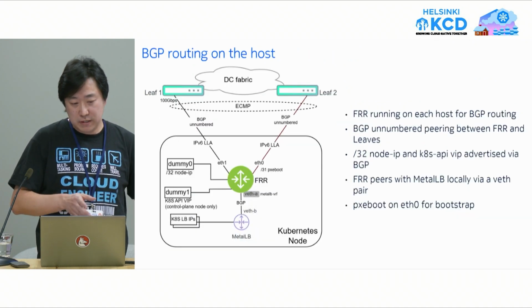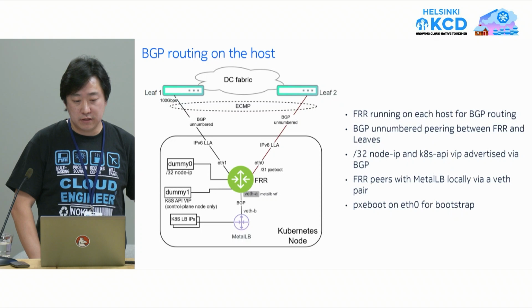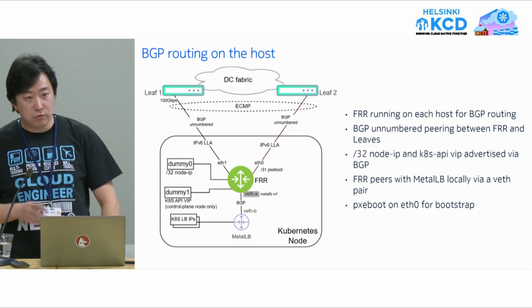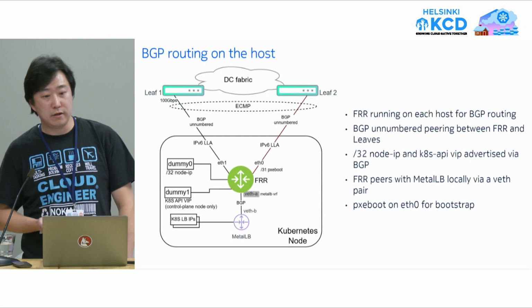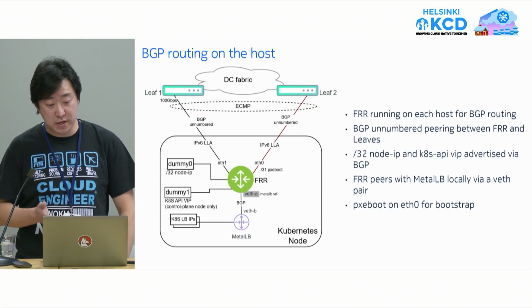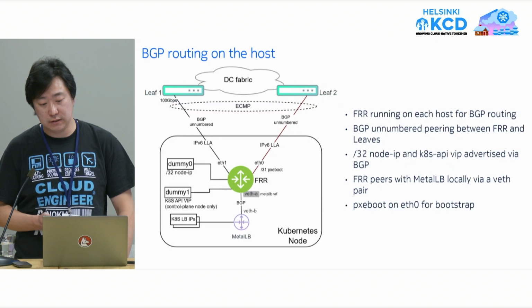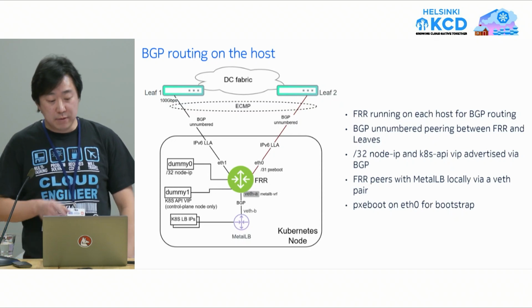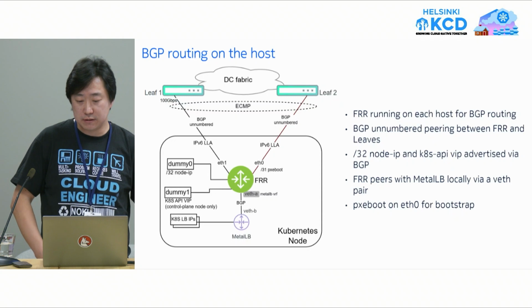To achieve that, we need to run the BGP on every host. That is achieved by running FRR as a container on every host, which pairs with two leaf switches by using BGP unnumbered through the IPv6 link local address.